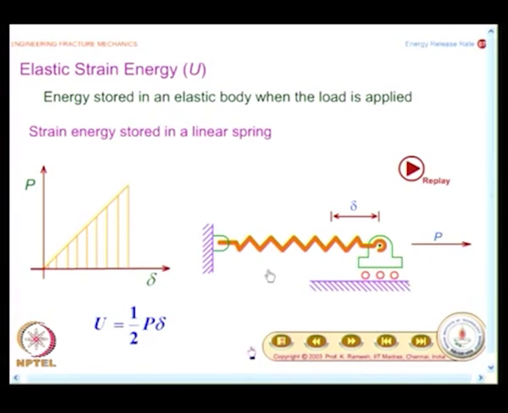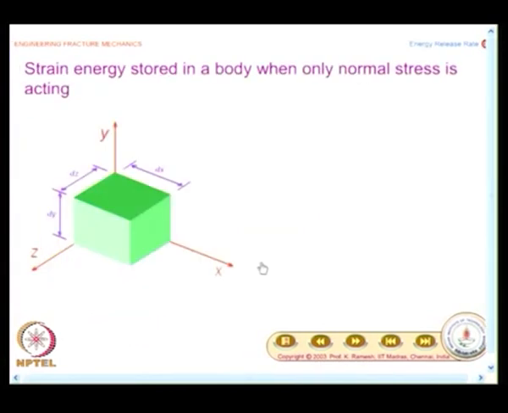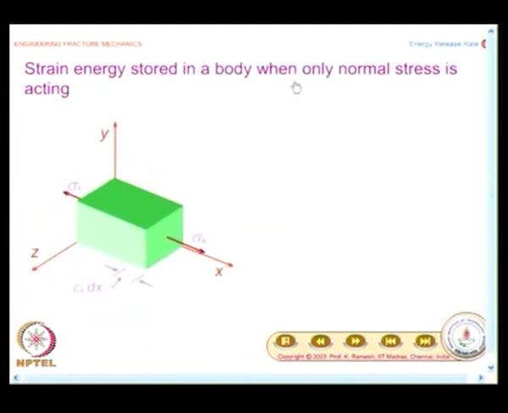and we will extend this to a body subjected to normal stress, a body subjected to shear stress, and a combination of all the stress components, etc. All these expressions will come in handy when we want to solve problems in this chapter.